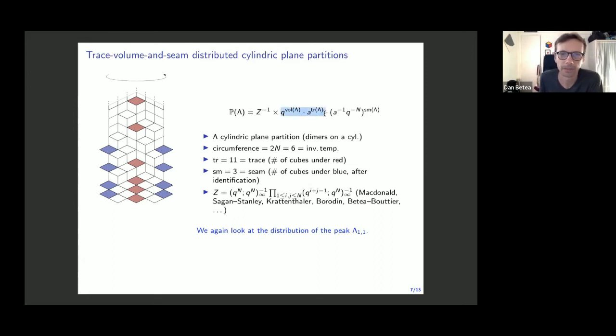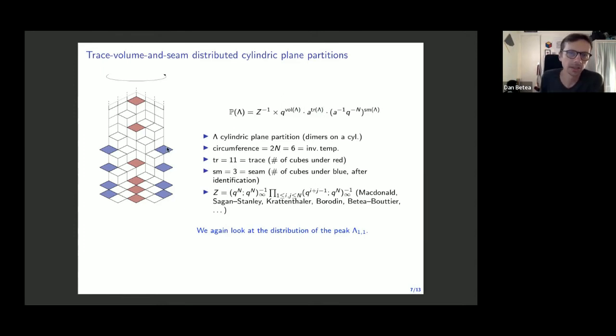So we want to do the same thing as in the warm-up that I mentioned. Except that if you think about it for a second, this doesn't quite make the partition function finite. Because when you wrap things on the cylinder, you have this seam, and you kind of have to keep track of it. Otherwise, the partition function, even combinatorially, is not finite.